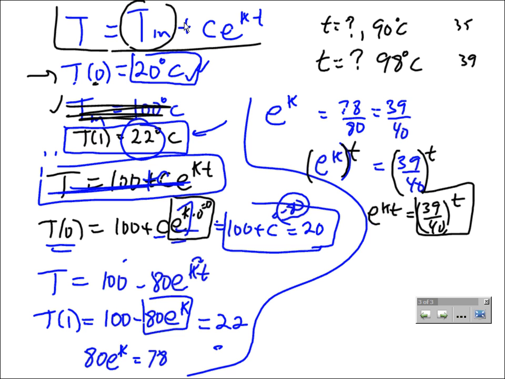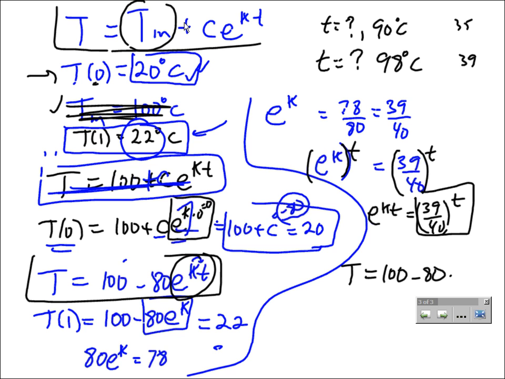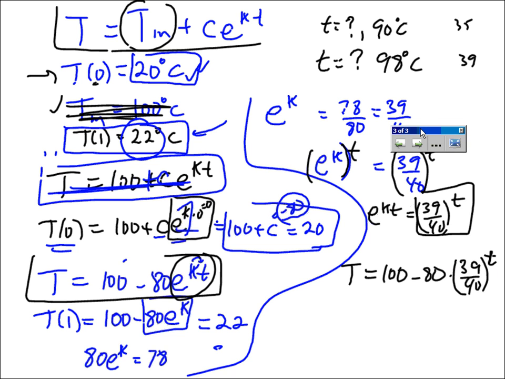So I come to this formula right here, and T is equal to 100 minus 80 times e to the kt, 80 times any old way of writing e to the kt. Okay, so now I have my formula, and now I can answer these questions.